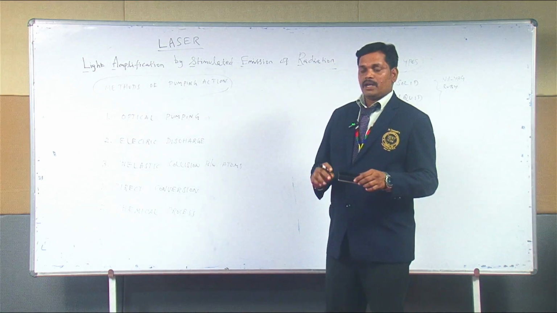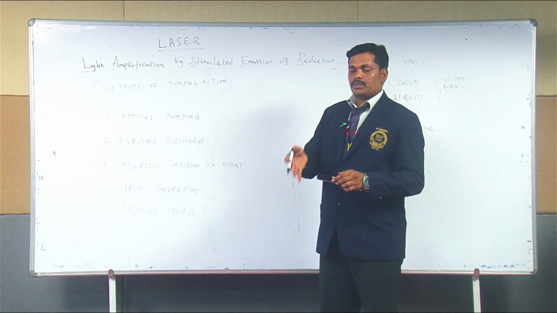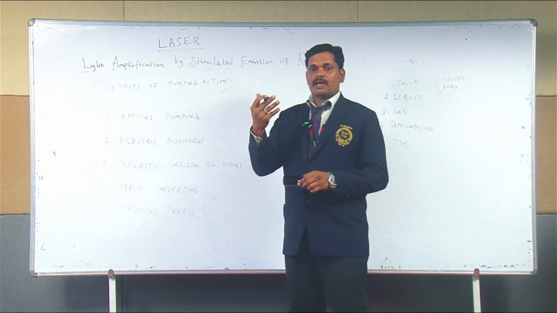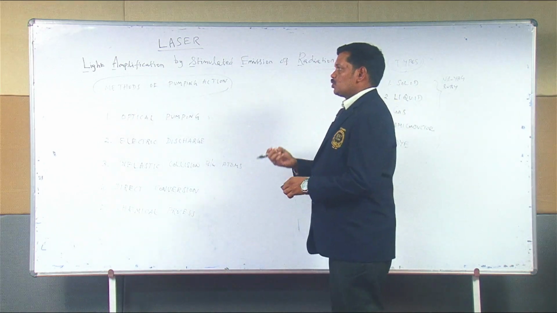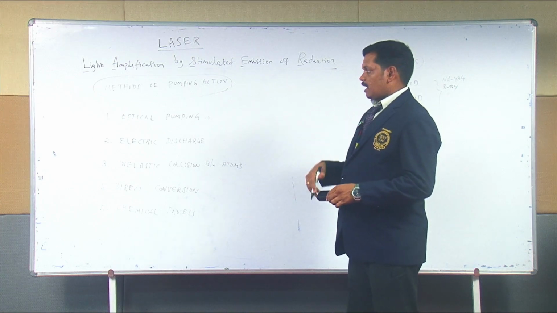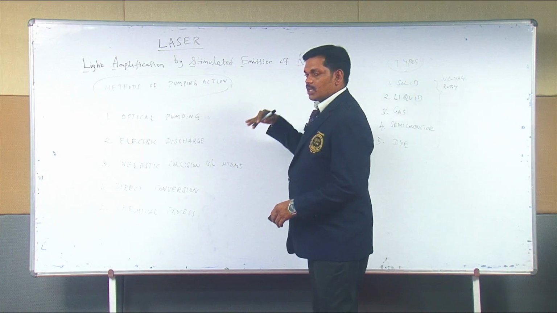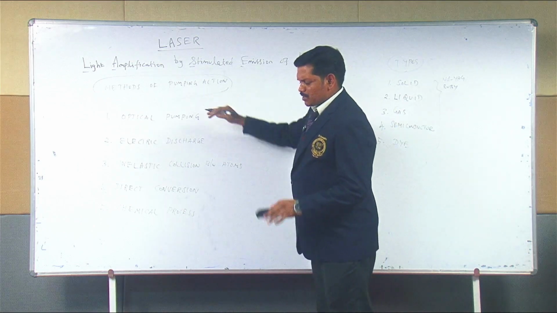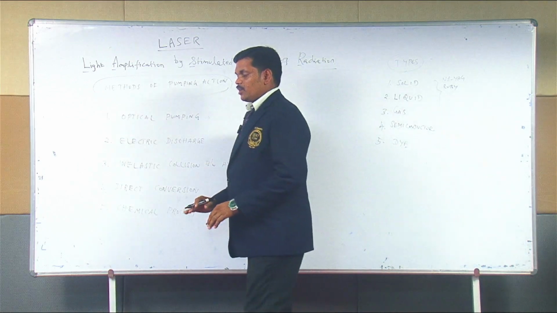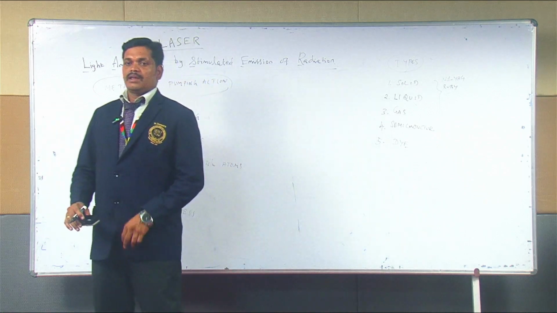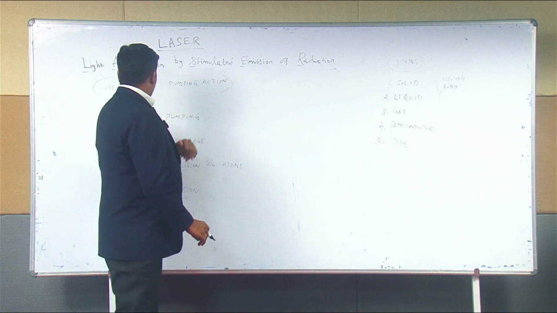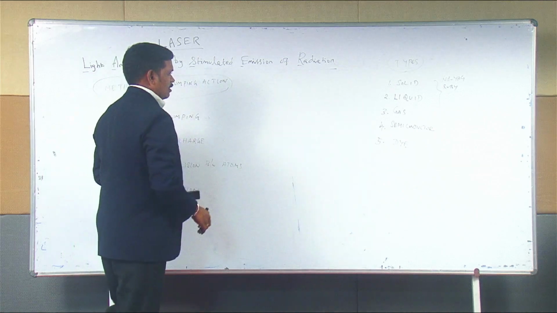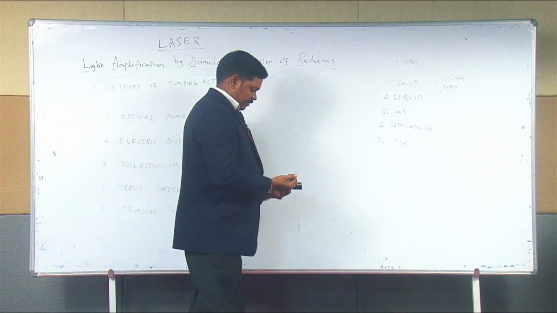When an electric field is provided, we can make the light glow. Because of that, the atoms or molecules in the ground state can go to the excited state. That is called optical pumping. Simply, if by means of light you achieve population inversion, then we can say it is optical pumping. It is applicable in solid-type lasers.